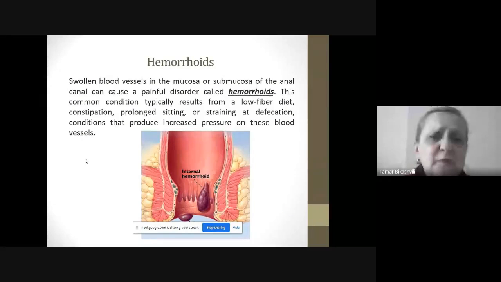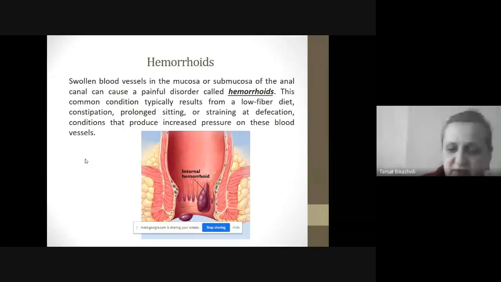Swollen blood vessels in the mucosa or submucosa of the anal canal can cause a painful disorder called hemorrhoids. This common condition typically results from a low fiber diet, constipation, prolonged sitting, or straining at defecation, and conditions that produce increased pressure. So the reason for this is pressure on the blood vessels.